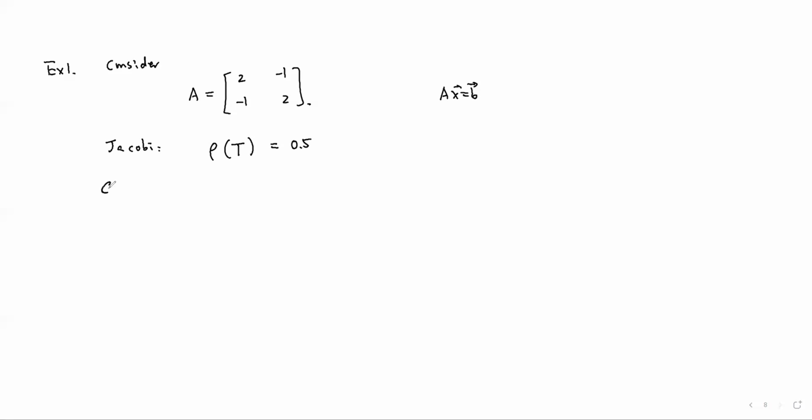Gauss-Seidel is a special case of SOR when omega is 1. The SOR iteration matrix is T omega.